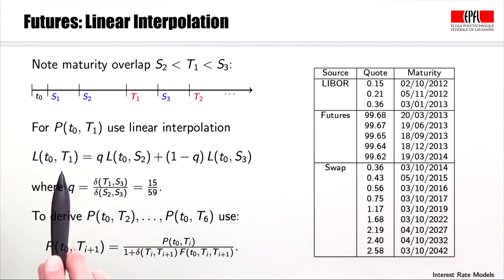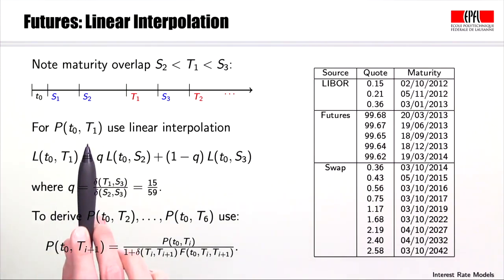From the T1 LIBOR rate, we then get the T1 bond, and then we derive the T2 bond using this formula which relates forward rates to ratios of zero coupon bonds. By iterative usage of this formula, we eventually get the T3, T4, T5, and T6 zero coupon bond price.